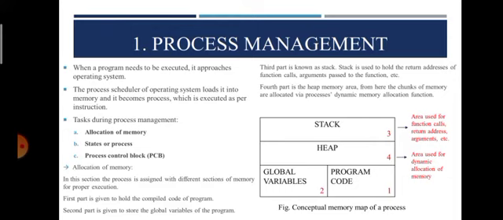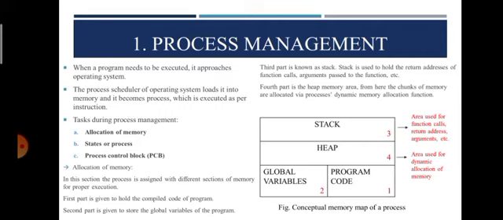The process scheduler is there in the operating system. Its function is to load the program into memory, where it becomes a process, and then it is executed as per the instructions.